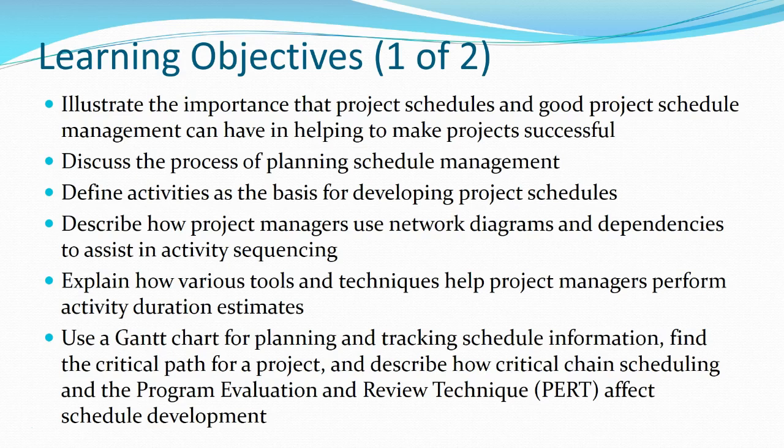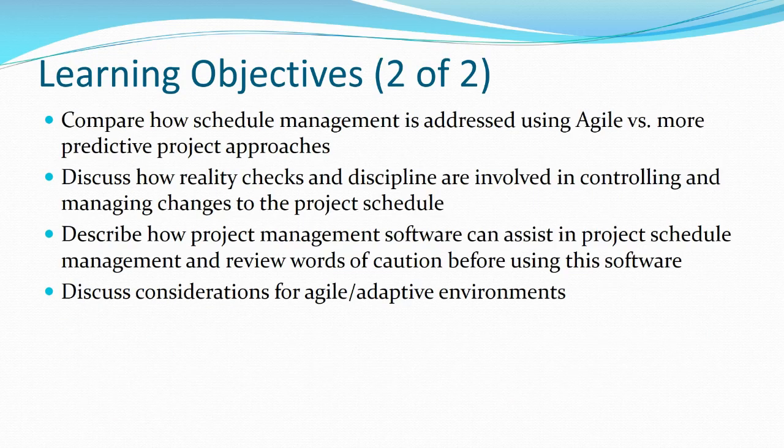So in other words, what task has to come before another task? We're also going to talk about how to use some other techniques in conjunction with Gantt charts, things like the program evaluation and review technique and other kinds of scheduling tools. We're also going to be talking about how agile approaches use schedule management tools in a little bit of a different way than traditional, i.e. predictive, project management.